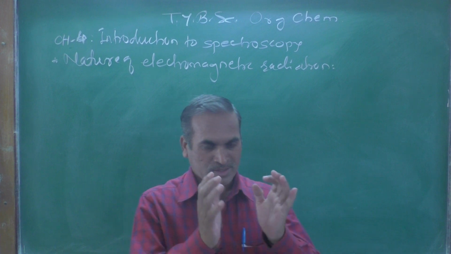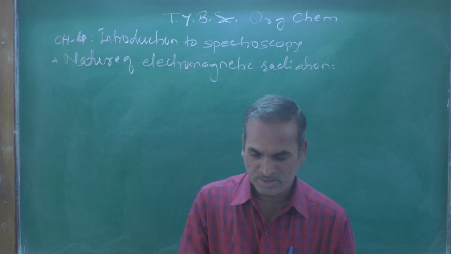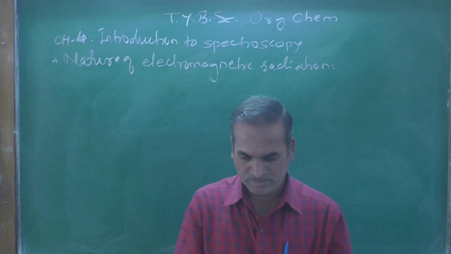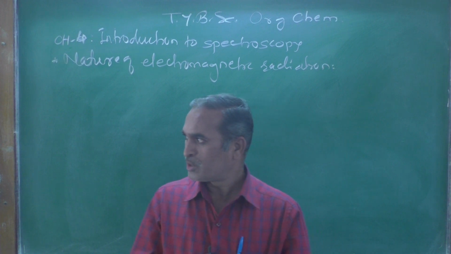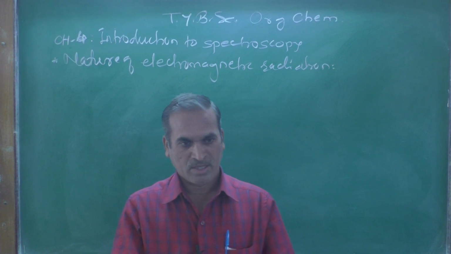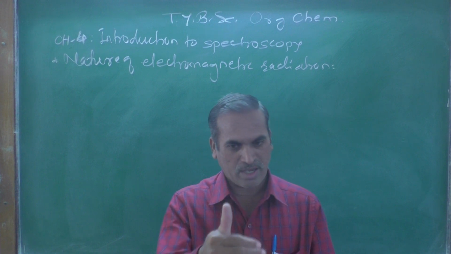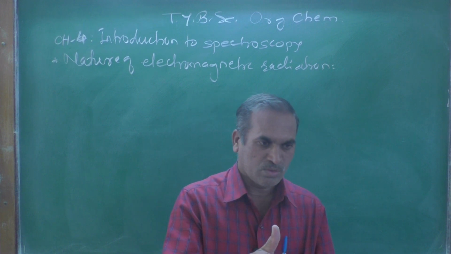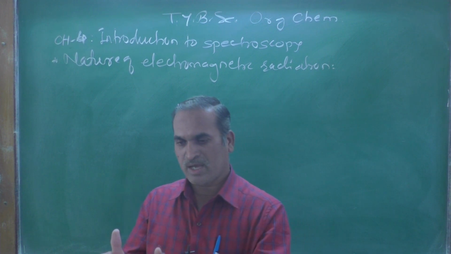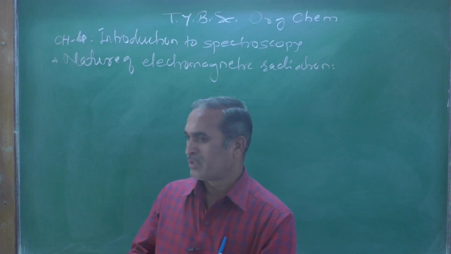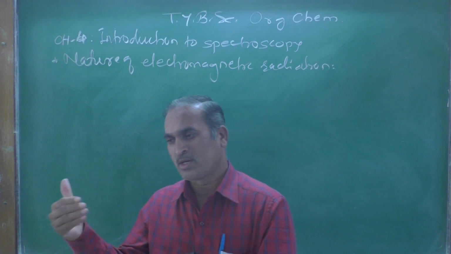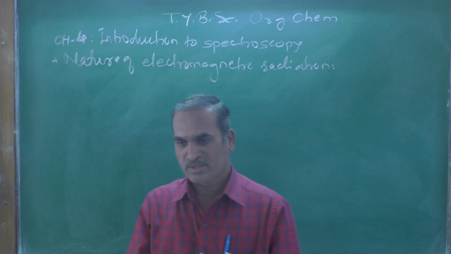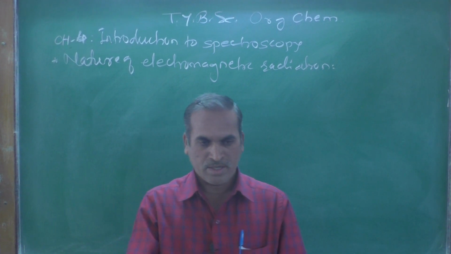That is the simplest definition we have seen, and in the introductory part we have also learned there are two methods. One is a chemical method and another one is a physical method. How one method has greater advantages over the other method, that we have also seen.